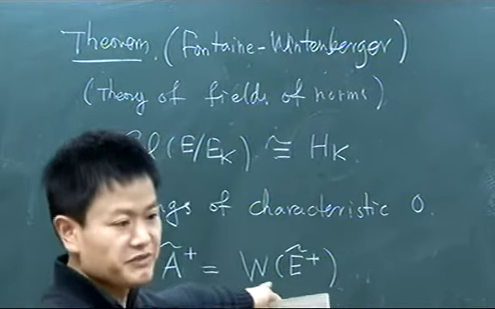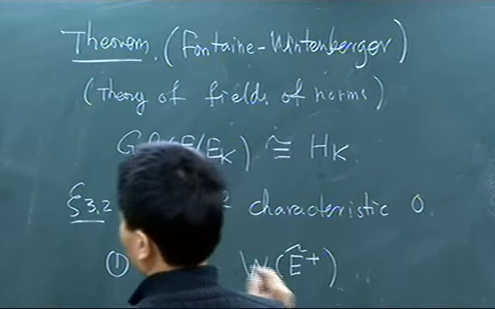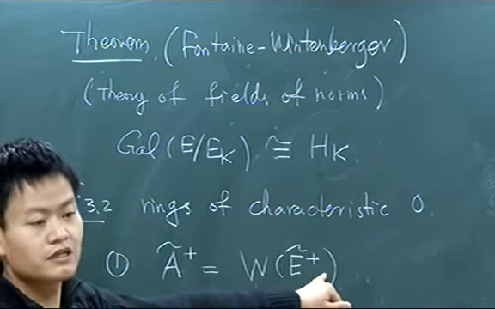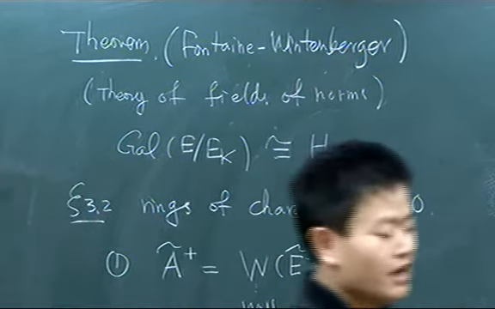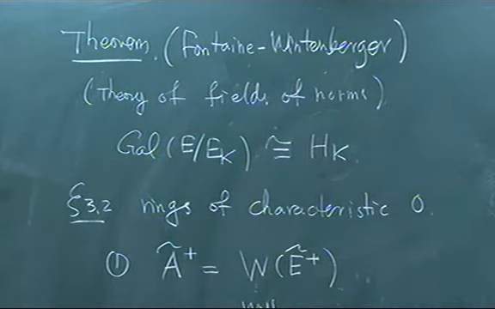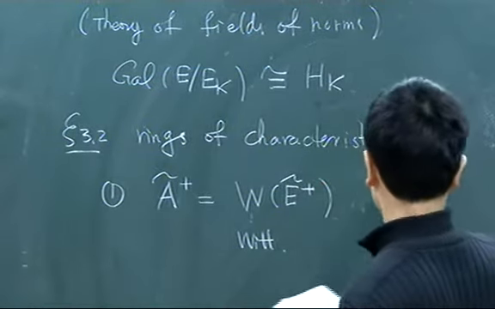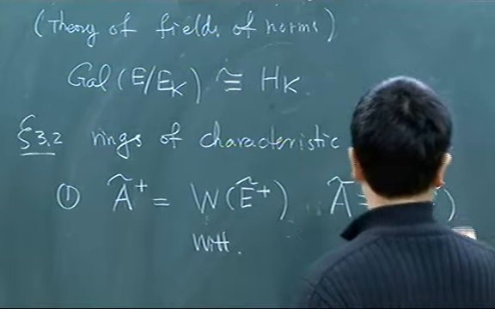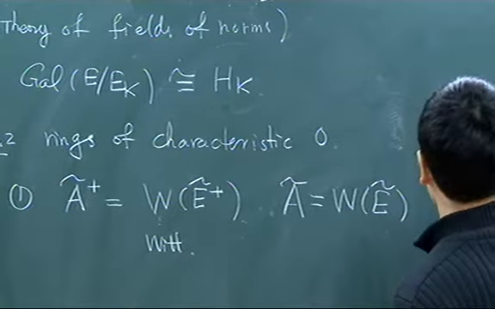So W means Witt. Because all of these rings are perfect, you have the Witt ring, and these Witt rings are canonically isomorphic to each other. So you only have one Witt ring. So A tilde plus is just the W of this. So A tilde is just W of E tilde.